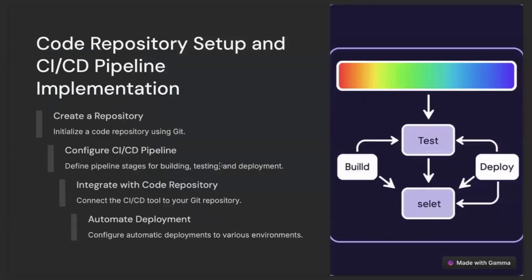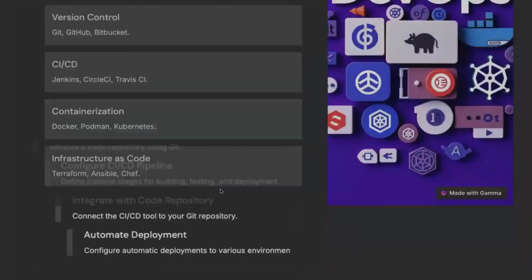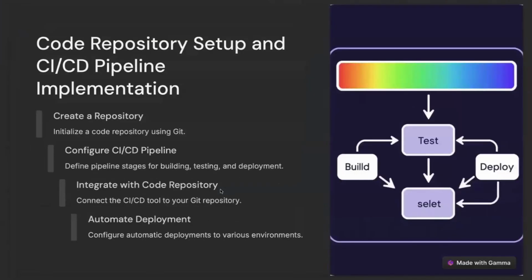So 5 minutes left. To summarize, we have code repository setup and CI/CD pipeline implementation. We saw a brief example where you create a repository and configure the CI/CD pipeline, which is your GitHub Actions, in the case of you not using Jenkins or other CI/CD tools.